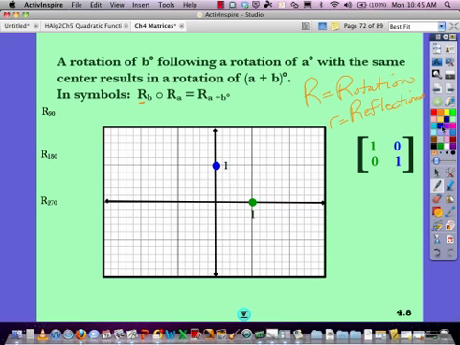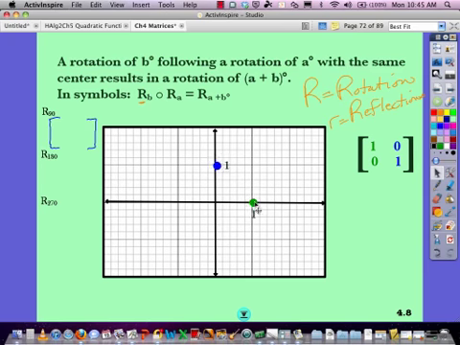And let's start with the rotation of 90 degrees. So let's take our points, which were 1, 0, and 0, 1, and let's rotate them each 90 degrees. So if I took the point 1, 0, rotated it 90 degrees, it would rotate there.